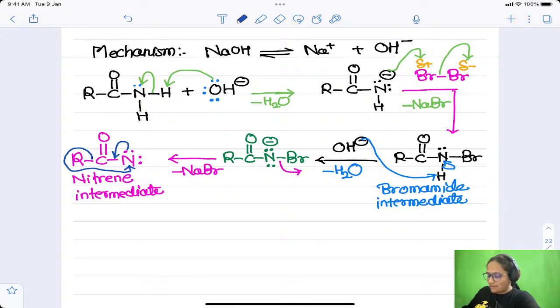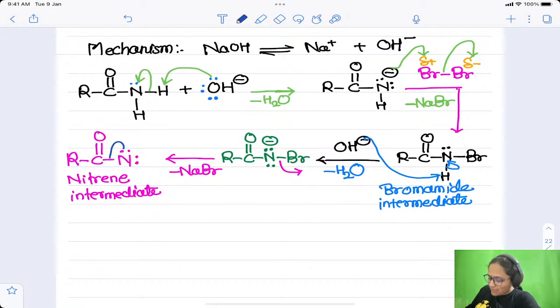I will repeat, I will show you again. First of all, nitrogen gives one pair of electrons in between the carbon and nitrogen bond, like this. So further there will be a double bond between carbon and nitrogen.